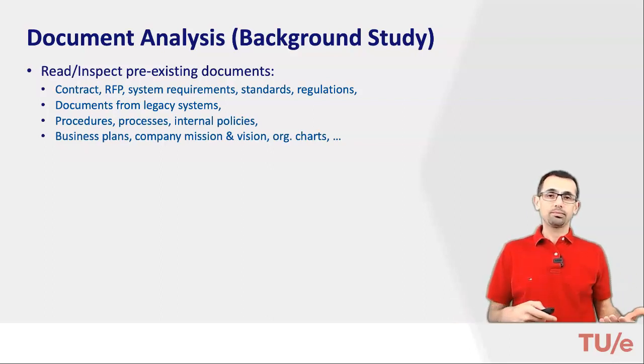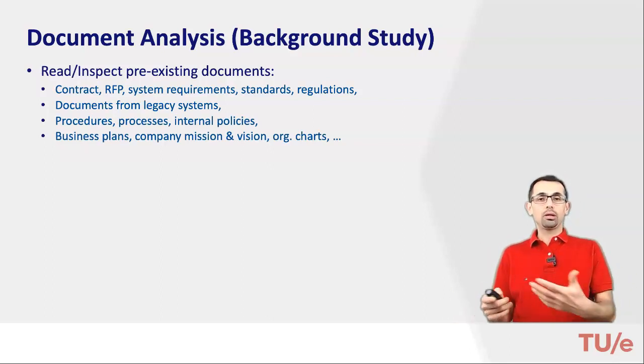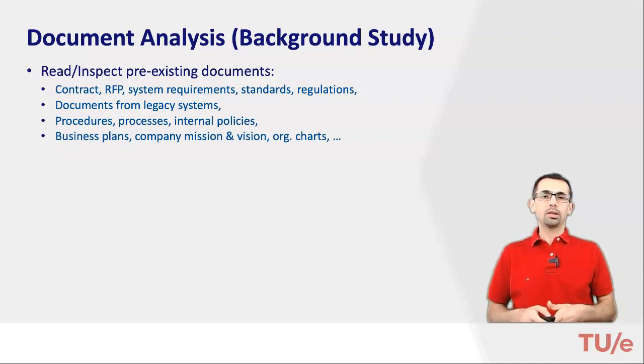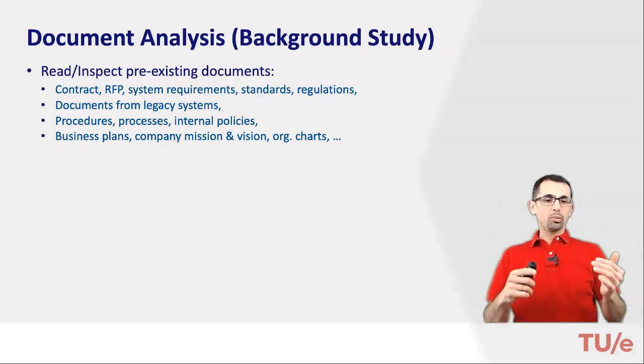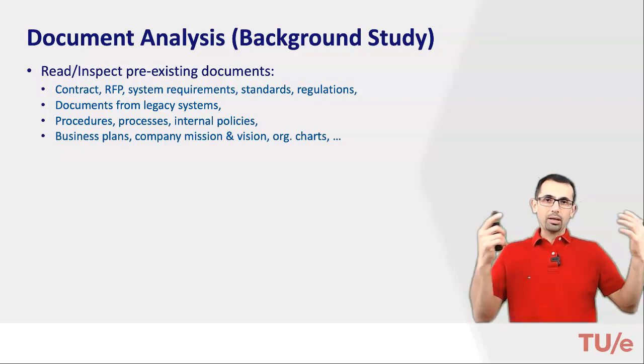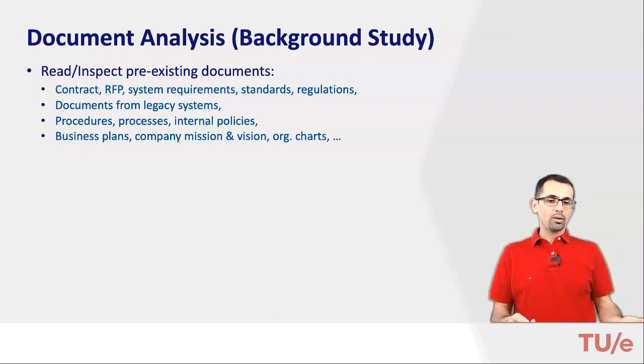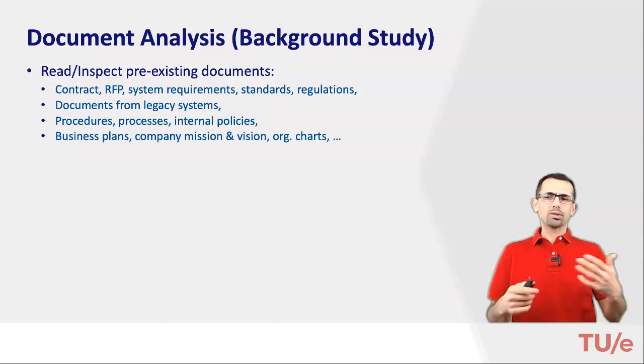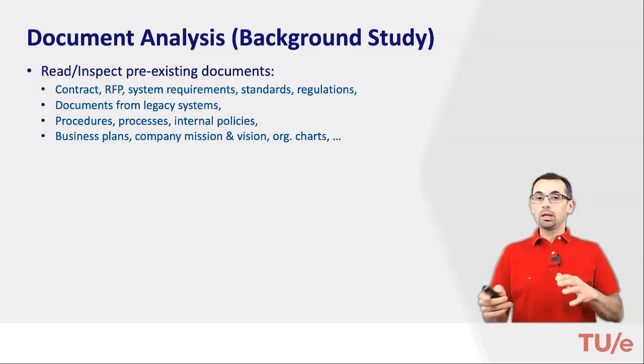Not only at that time, but also now, the company or this new system will be operating in an environment which is currently regulated by laws and regulations. So you also have to have a look at these.